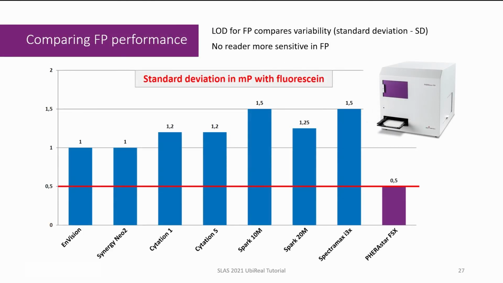You will probably recognize this comparison of different readers based on LOD, which is a report on the standard deviation or variability that is seen for a constant sample of fluorescein. Again, the PHERAstar FSX is better than the other readers in this group. You'll probably also notice that the PHERAstar FSX has the same LOD as the CLARIOstar. So really, at this point, BMG is in competition with ourselves for the best fluorescence polarization readers.